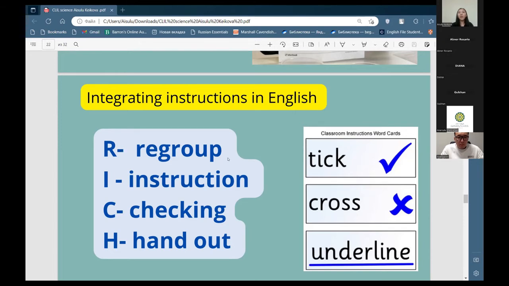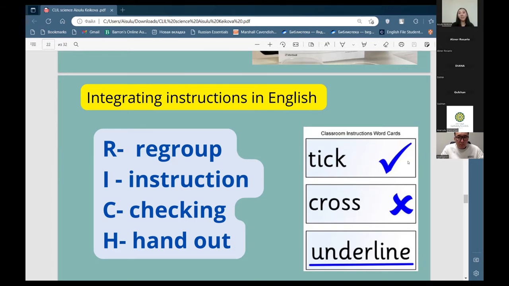First, regroup. Before giving instruction, it's important to notice what the activity is going to be like. Is it an individual activity where everyone works by themselves, or are they going to work in pairs or in groups? If necessary, we have to regroup all children. Second, we give instruction.